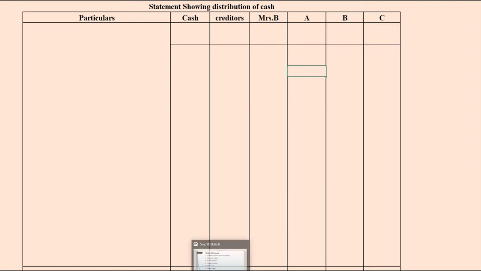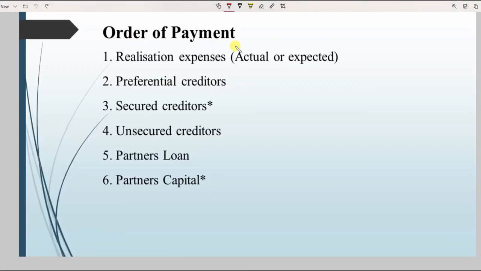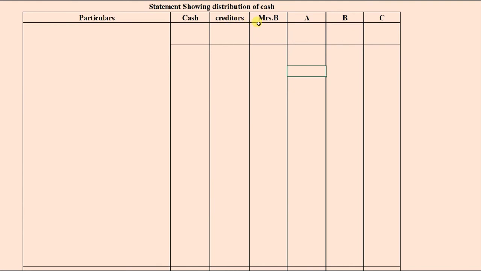In this order of payment, realization expenses are not in the problem, preferential creditor also not given, secured creditor also not given, unsecured creditor. So these two liabilities are included in unsecured creditors. Creditors and Mrs. B's loan are unsecured creditors.